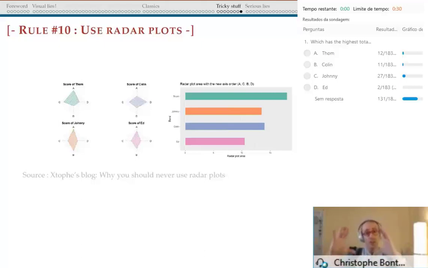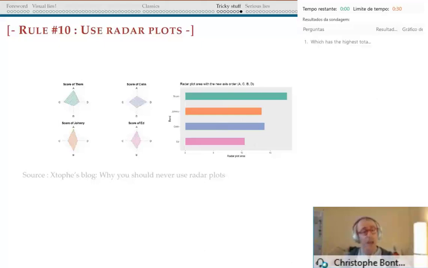And you say, oh, this one has really a large area. Well, it may be a good indication, but it may not be. With a change of the order, you will have a different score and a different perception. So radar plots are very dangerous.